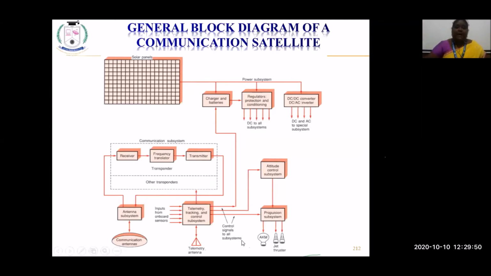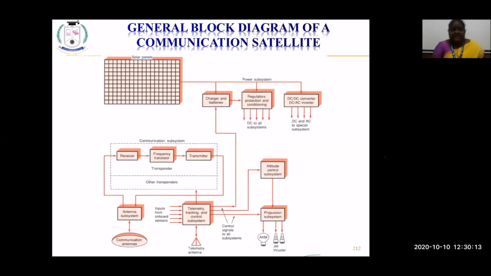All these control signals are given to the attitude control system as well as the propulsion subsystem. Propulsion subsystem means it keeps the satellite in its orbital position. Initially, with the help of other propulsion systems, it will be taken off and placed in the orbit.